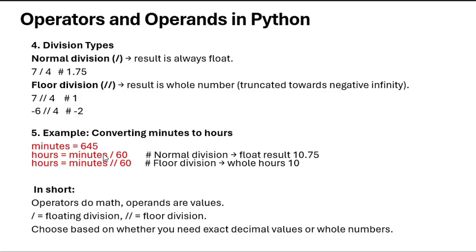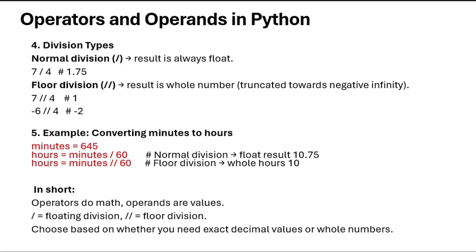Hours is equal to minutes divided by 60 and hours is equal to minutes floor division 60. Here it is a normal division, that's why we will get a floating result, which is 10.75. This is a floor division, that's why we will get the whole number, which is 10. Very simple. In this case we will always get a float. In this case the result will be whole numbers.